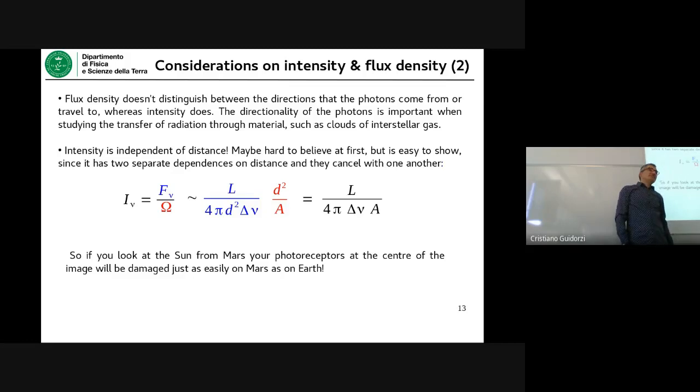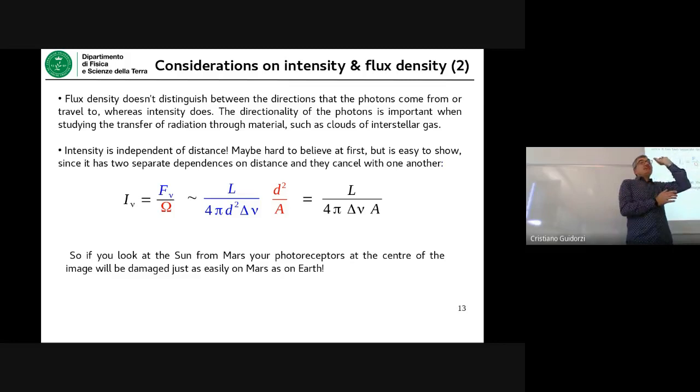In that case, the explanation is that the angular size of the star is so small that it is much smaller than the angle subtended by one single photoreceptor of your eyes. So that's the limit. And as a matter of fact, the intensity of a star is exactly the same intensity that you have at the surface of the star. The intensity doesn't change.